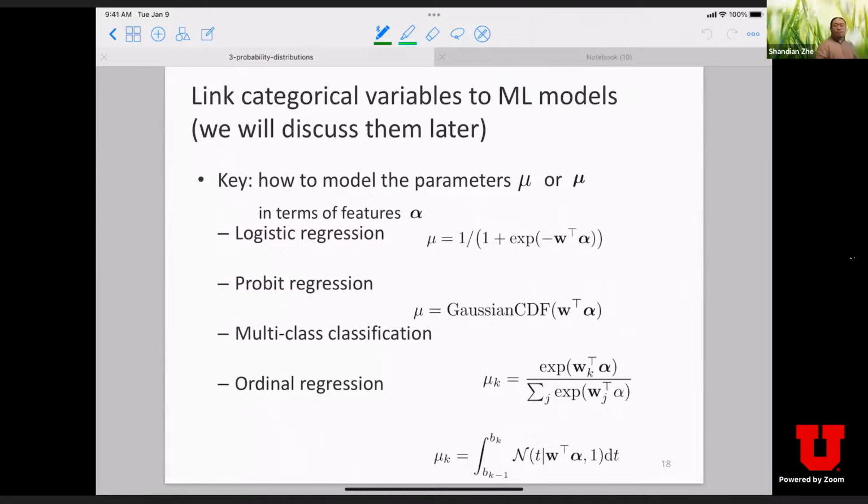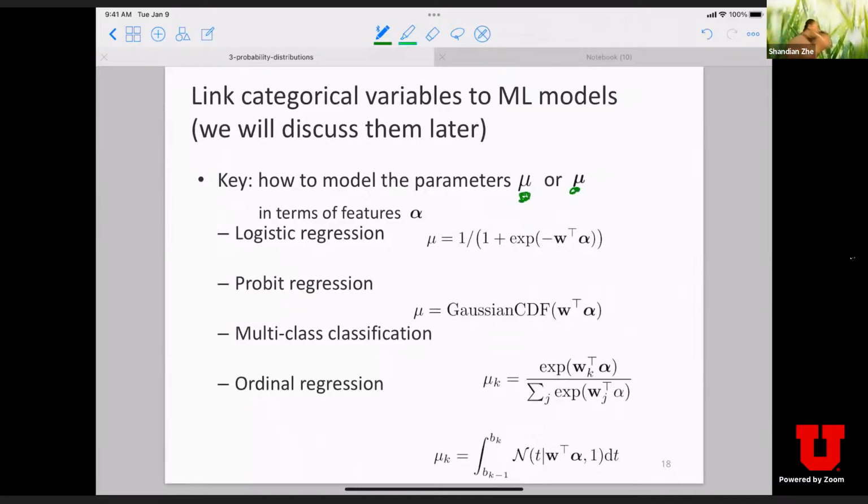So in practice, when we leverage machine learning models, we want to build such classification models. The key is to parameterize or model those parameters mu, or the mu vector, with some kind of model according to the data.